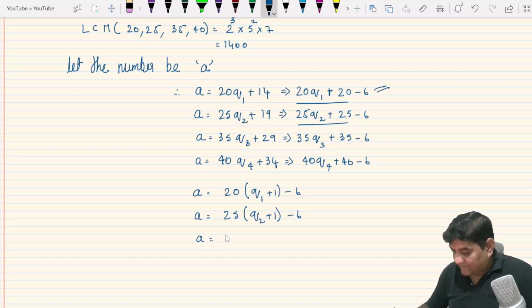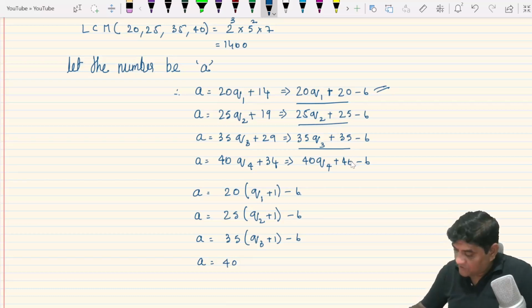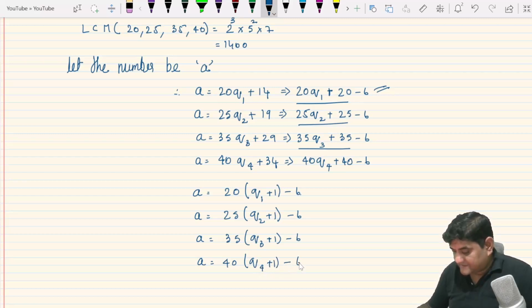And then I'll have A as 35 taken common out from these two terms, Q3 plus 1 minus 6. Again, I'll have A as equal to 40 taken common out, Q4 plus 1 minus 6.